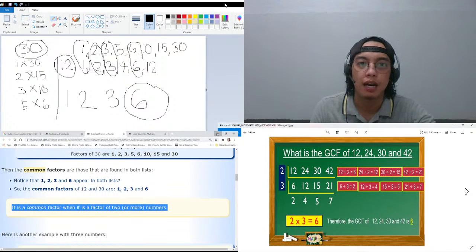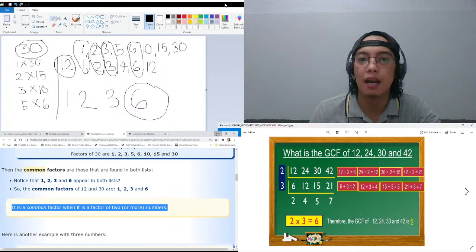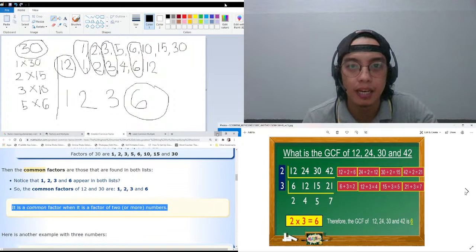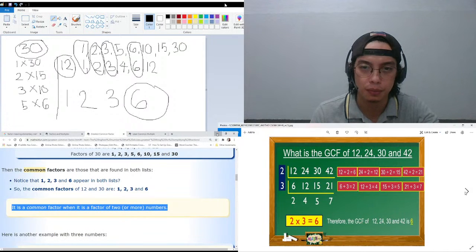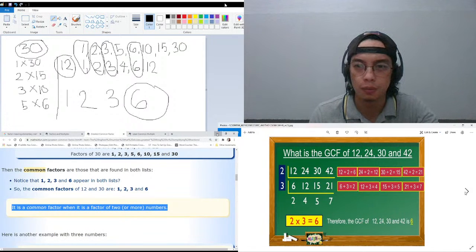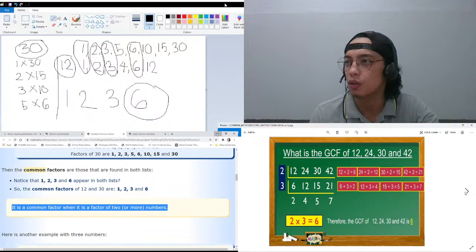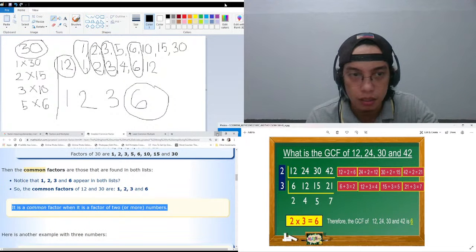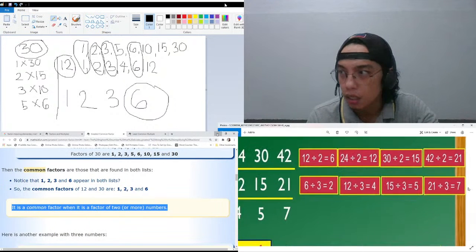Now, what is the GCF of 12, 24, 30, and 42? Upat siya kabuok numbers.